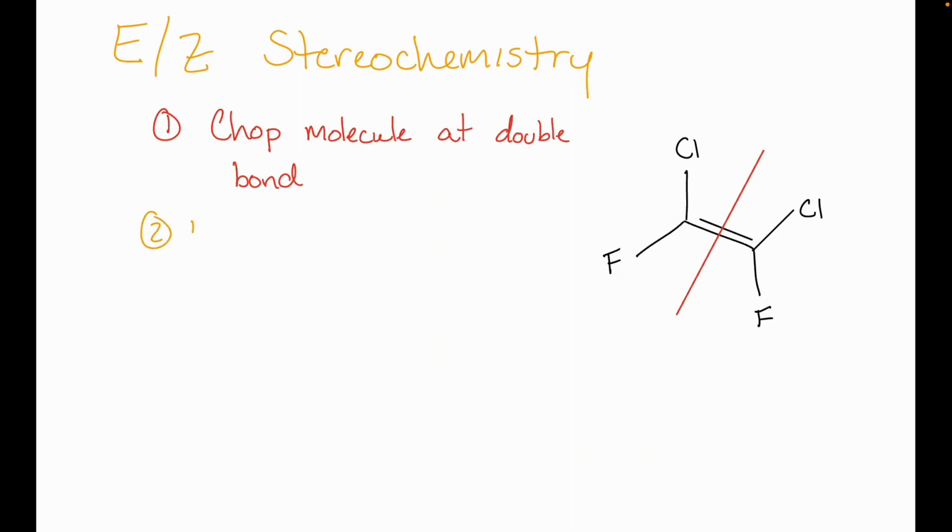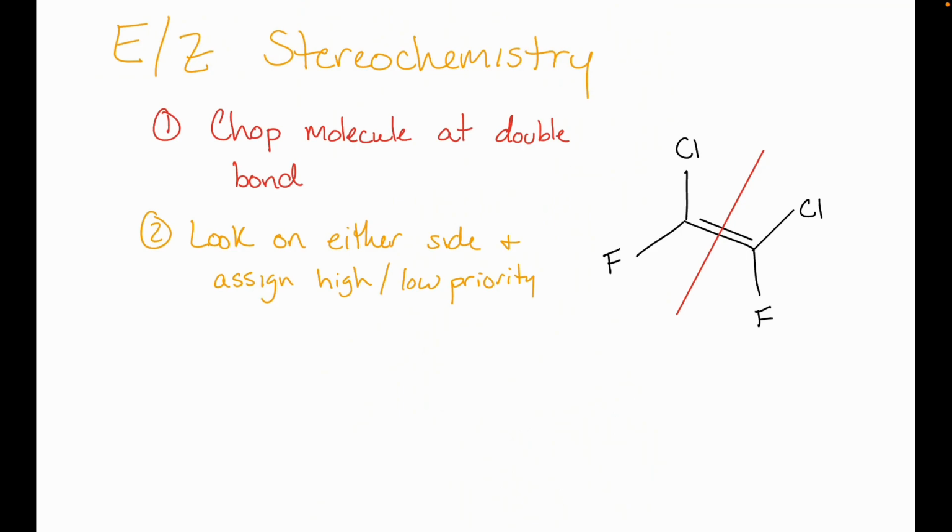Step two, I'm going to look on either side and assign high or low priority. We don't know how to do this yet, we don't know how to assign priority.